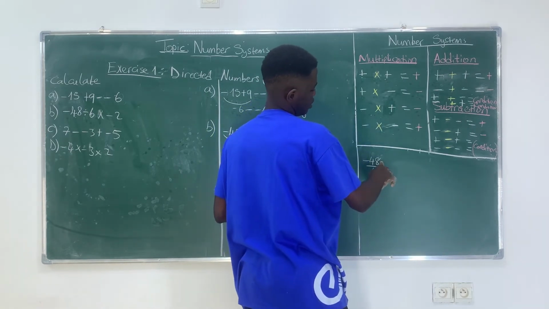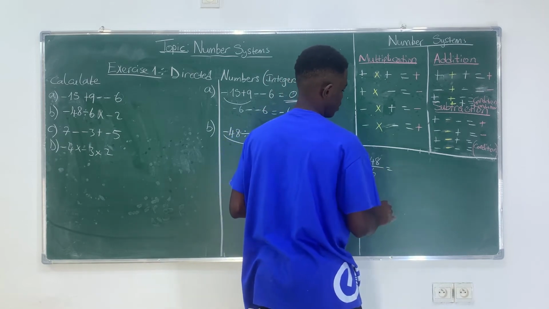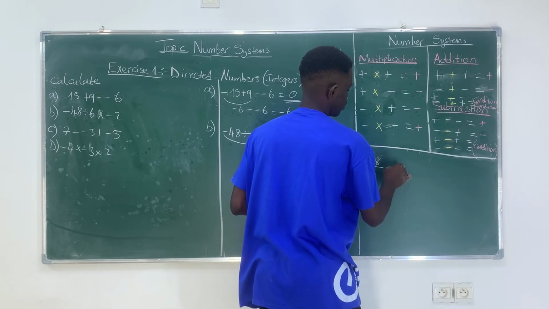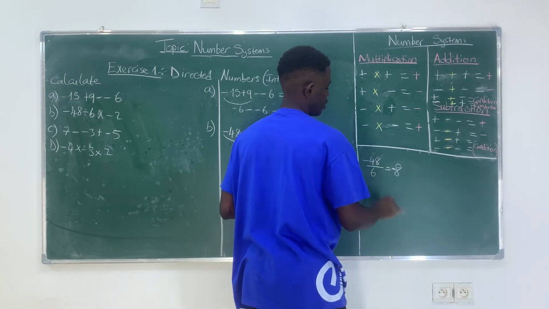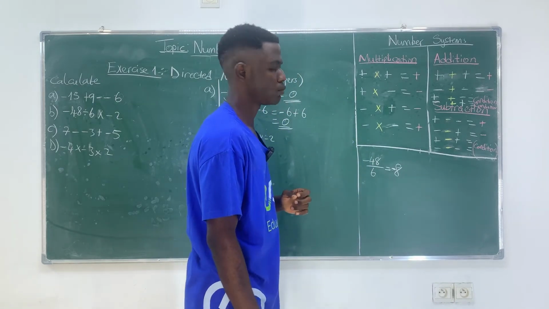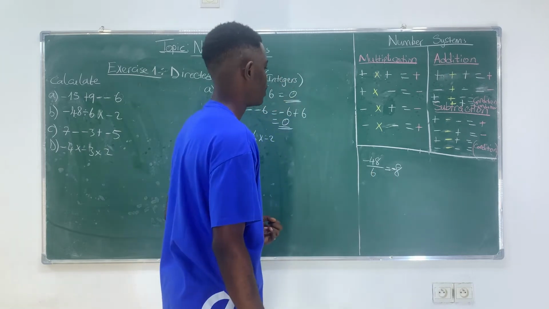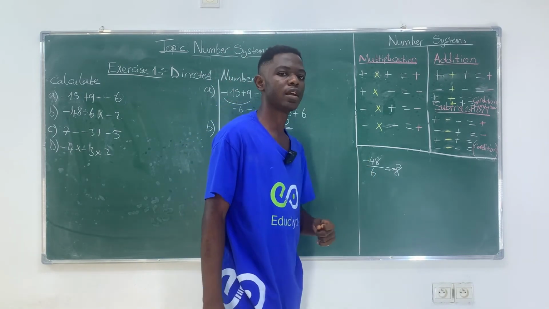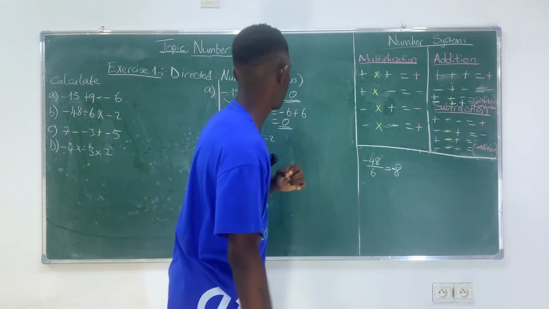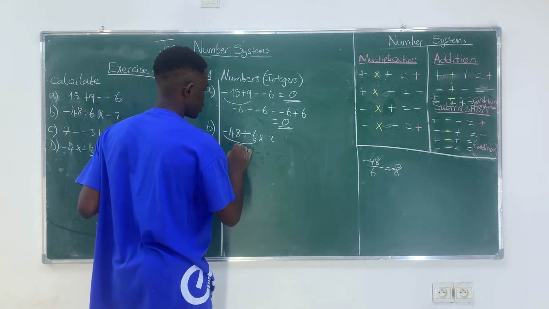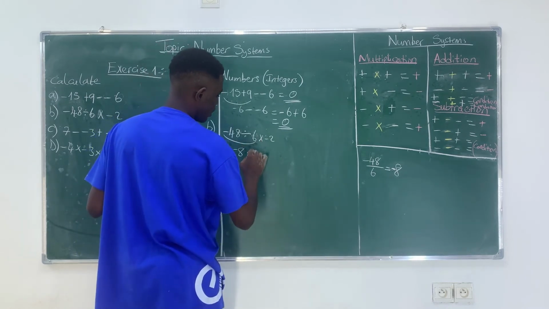So 48 divided by 6 is 8, and since the answer is supposed to be negative, it's minus 8.